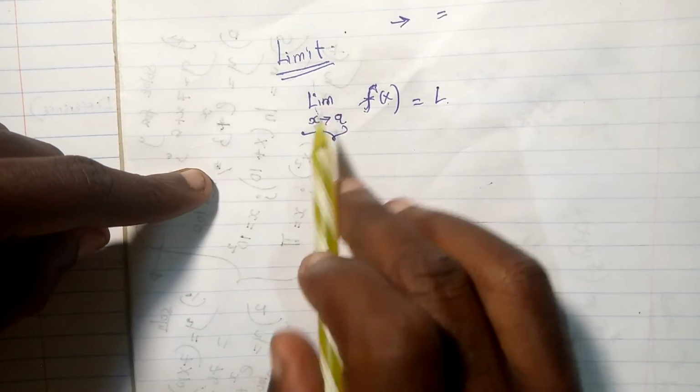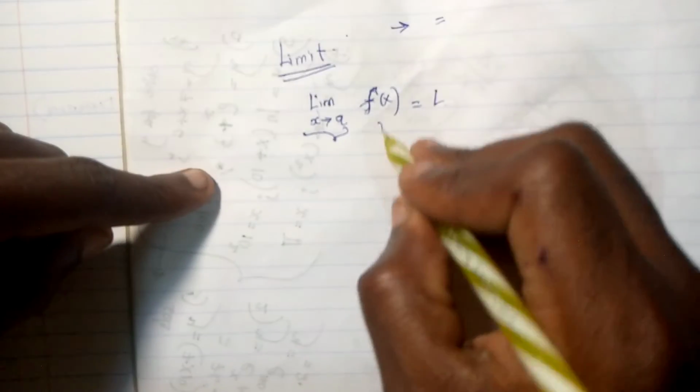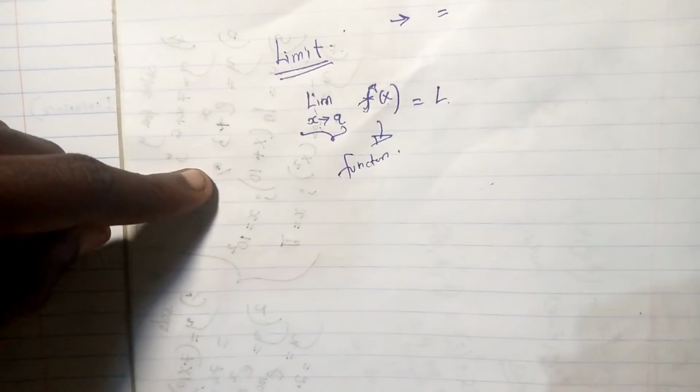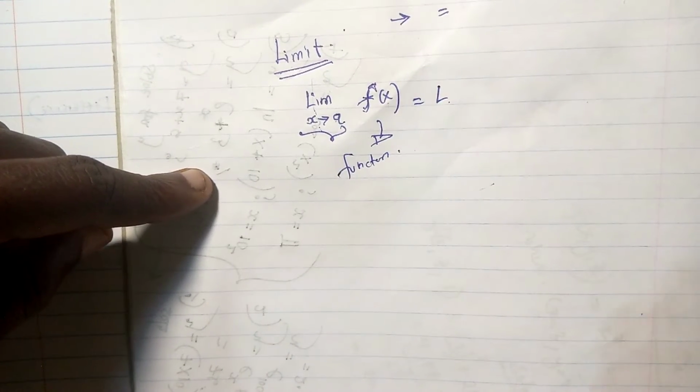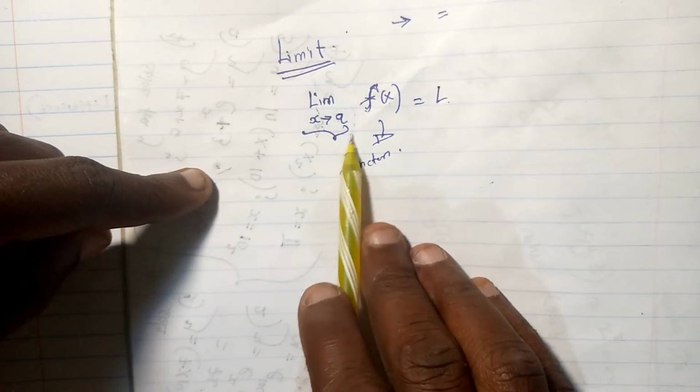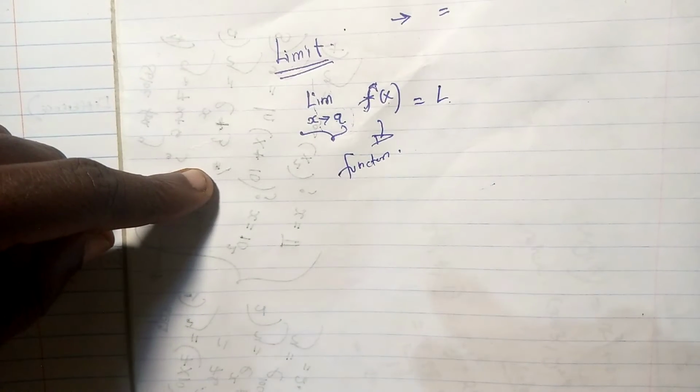This is our function, and L is the behavior of that function when the input x approaches this value of a. So there's nothing complicated in limits.